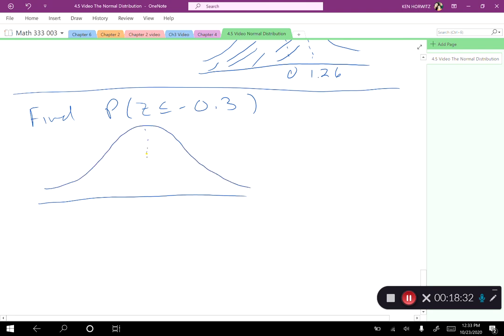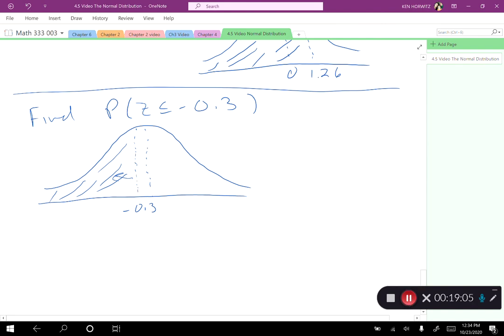If 0 is right in the center and all of my positive z-scores have been to the right, negative 0.3 is going to be slightly to the left. And if I'm looking for less than, that means that way. So I'm looking for, again, area to the left. So why don't you at this point pause the video, give it a try on your own, and find the area.